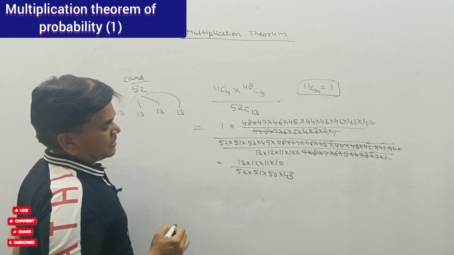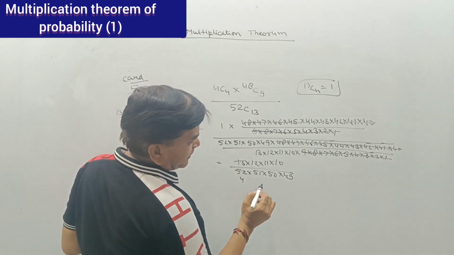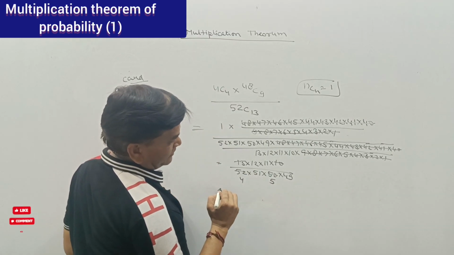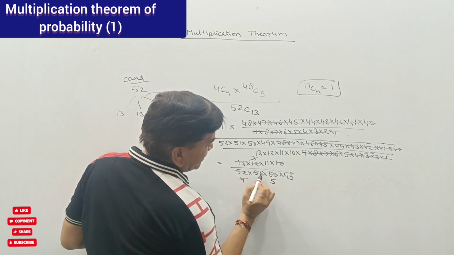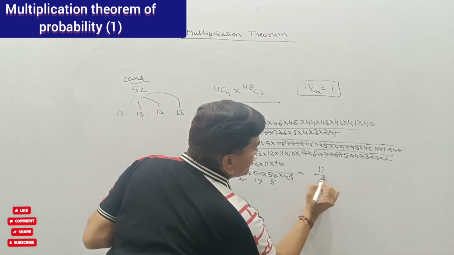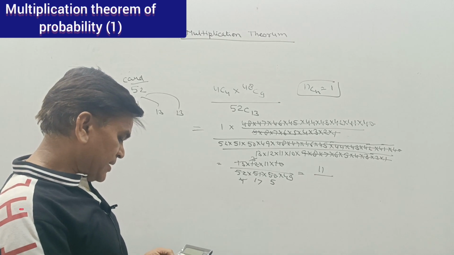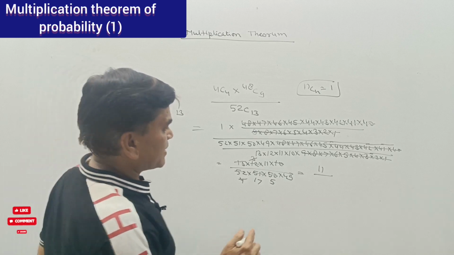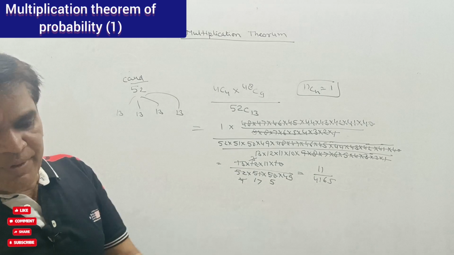Just we have to solve this. 13 by 4 goes into 52. 10 by 5 goes into 50. 4 by 3 goes to 12. 17 by 3 goes into 51. So the probability is 11 multiply 7 multiply 5 multiply 17 multiply 5 multiply 49, that is 4165. So the answer will be 11 upon 4165.